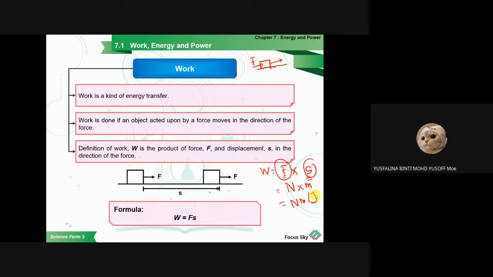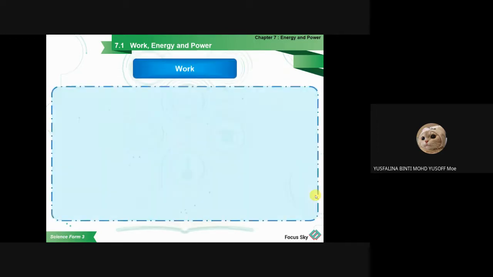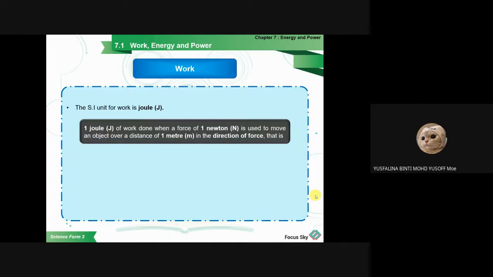So this is the formula. The SI unit of work is joule. So what does it mean by 1 joule? 1 joule means the work done when a force of 1 Newton is used to move an object over a distance of 1 meter in the direction of the force.